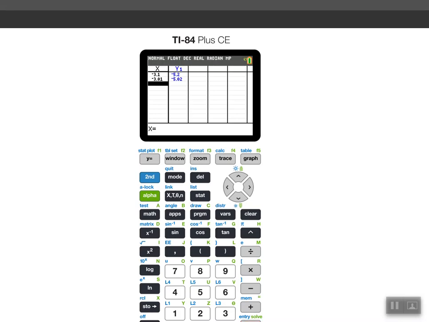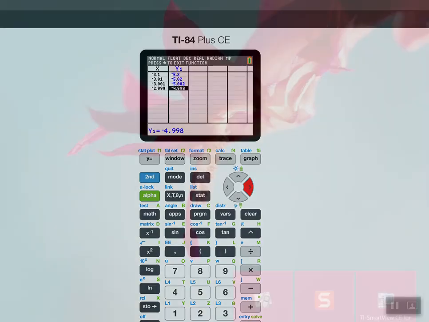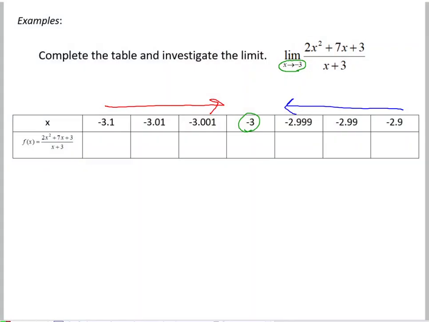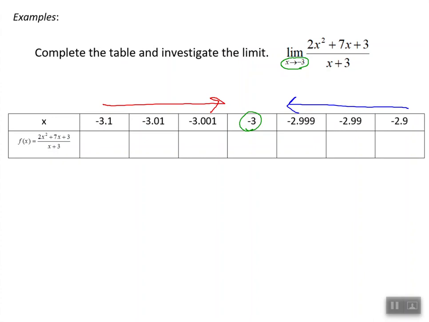And so on and so forth, negative 3.001. And we type all the values that we need, negative 2.999. Now sometimes we might need to round, in which case we would always round to at least 3 decimal places. So we'd finish filling in that table and then write those values in and explore what happens.